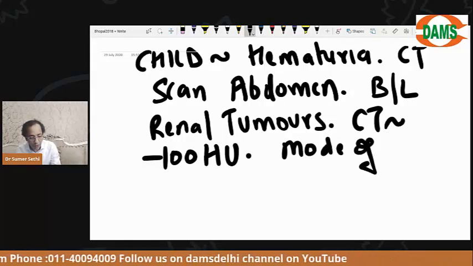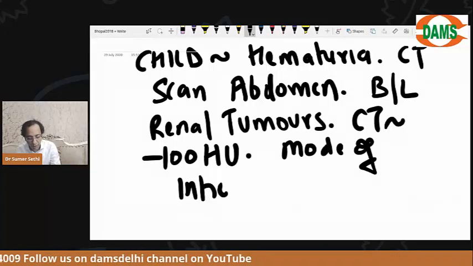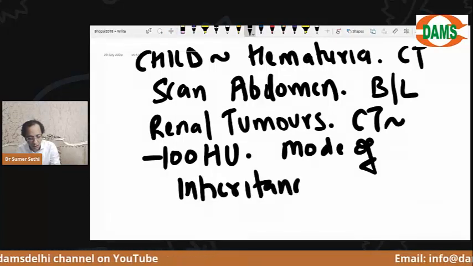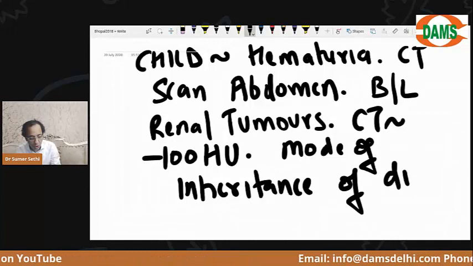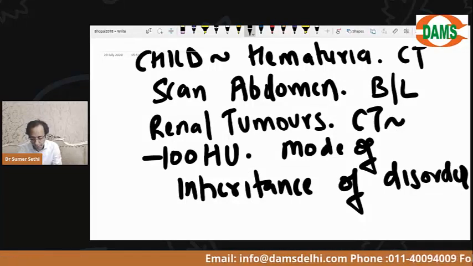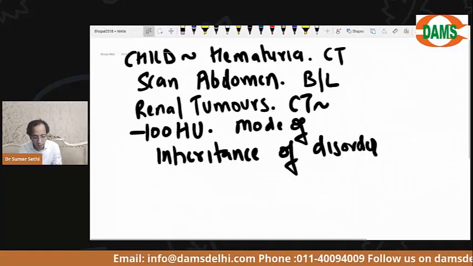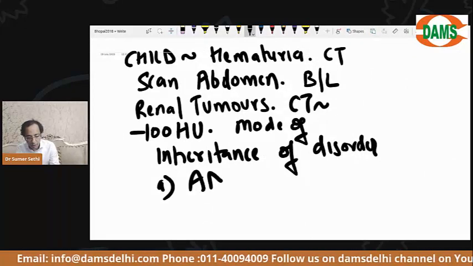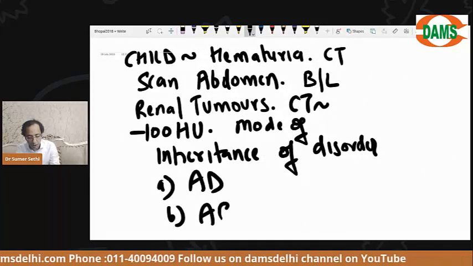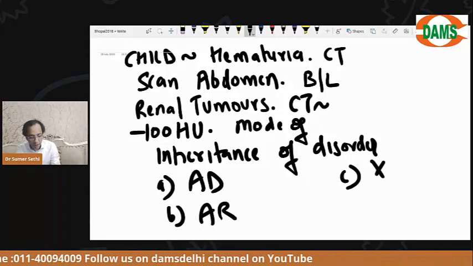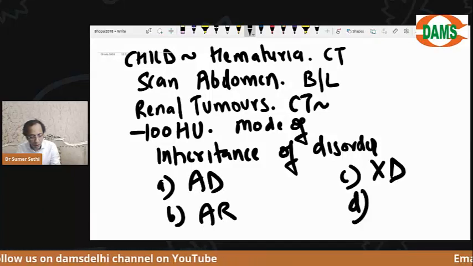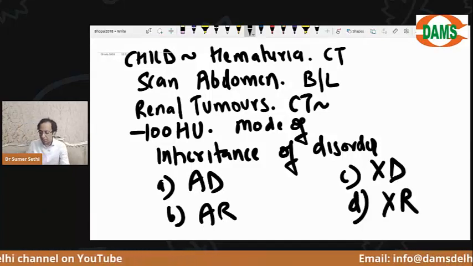What is the mode of inheritance of the disorder concerned? A, autosomal dominant; autosomal recessive; X-linked dominant; X-linked recessive.